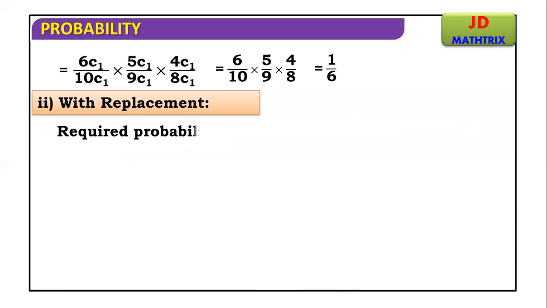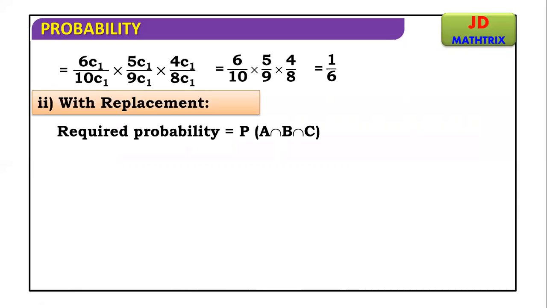నెక్స్ట్ వన్ విత్ రీప్లేస్మెంట్. When the balls drawn in the previous draws are replaced, then also required probability always P of A intersection B intersection C. When the balls are replaced, hence the events A, B, C are independent events.